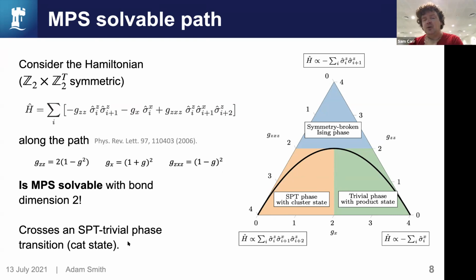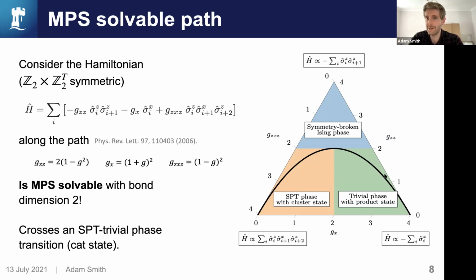Okay, thanks. There's also a question in the chat by Edmund Orignac. Are you able to unmute and ask your question? Yeah, so I wanted to know if this model could be mapped to a free fermion model by a Jordan-Wigner transformation. Yes, so this model can actually be mapped to a free fermion model, and we will come to that a bit later when we consider the more general case that I'm going to look at.